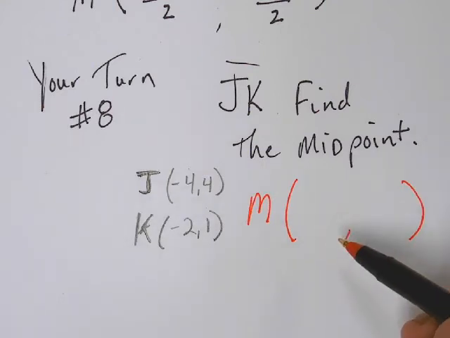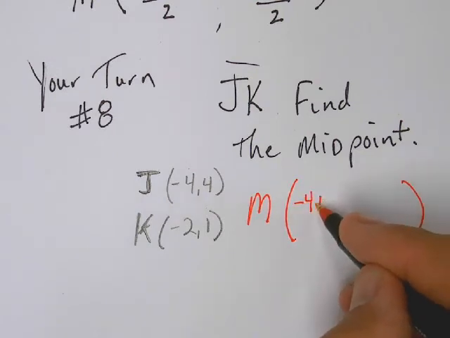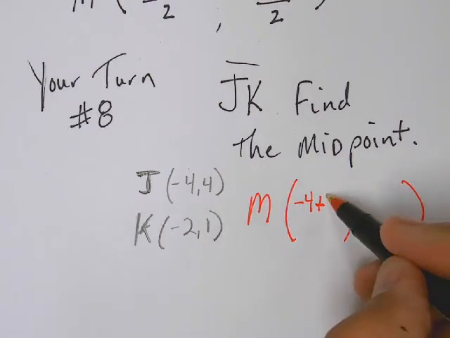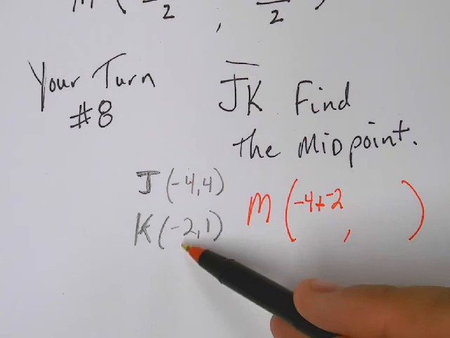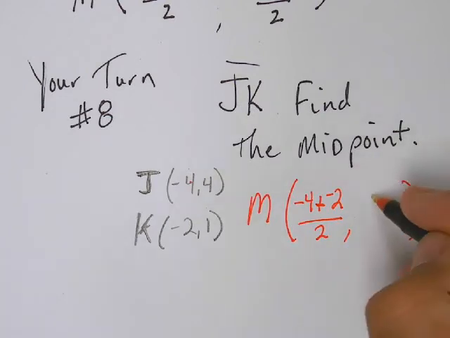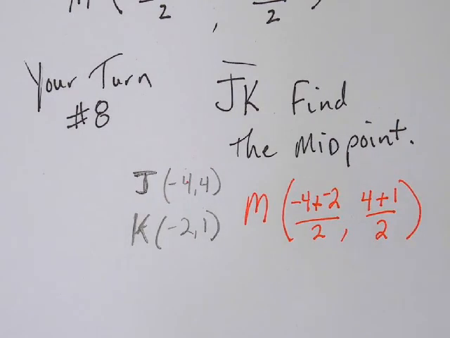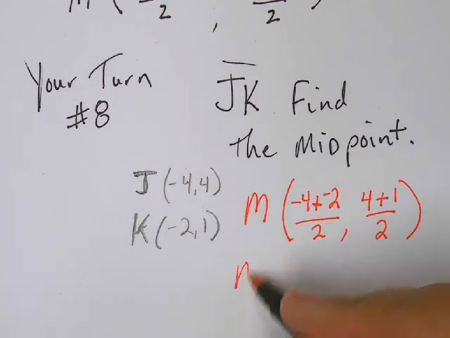Logan, what are the two values for x's? This is an x and that's an x. Very good. So add those two together, divide by 2. Van Buskirk, what's -4 plus -2?